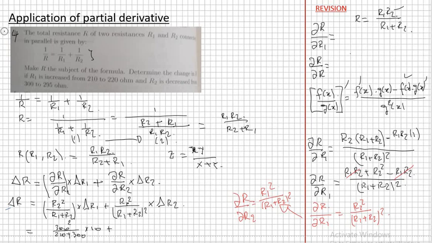And then we have the value of r1, 210, divided by the sum of r1 and r2, which is 210 plus 300, to the power of 2, then multiply by the change in r2, which is -5.